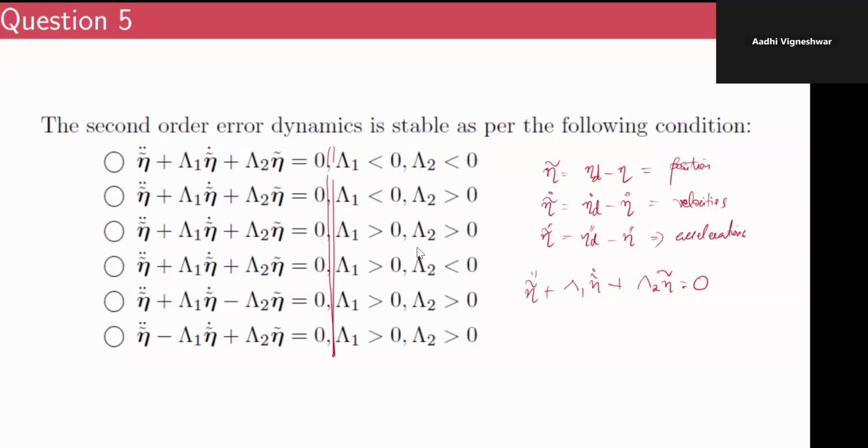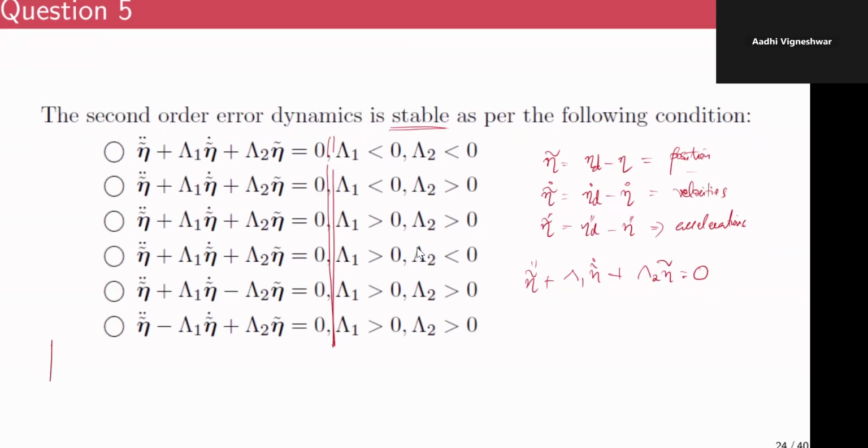So how do you interpret stability? You can call a system stable when, as time tends to infinity, the errors in position and velocity asymptotically tend to zero.